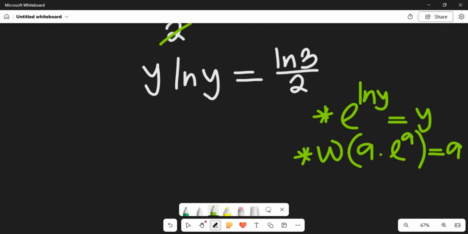Now, if we simplify that maths expression, we want to take the exponents of both sides.